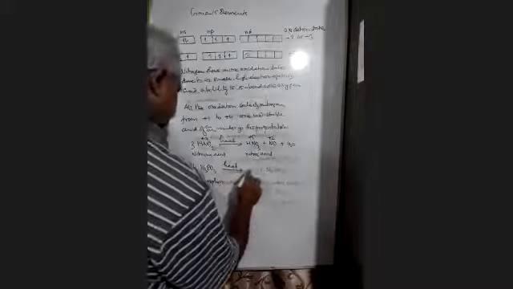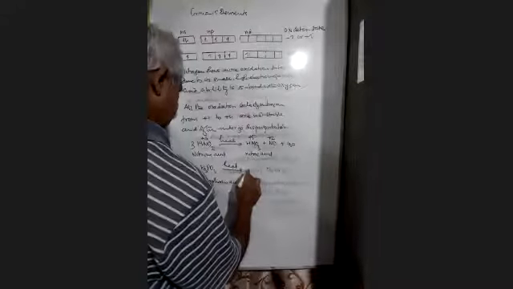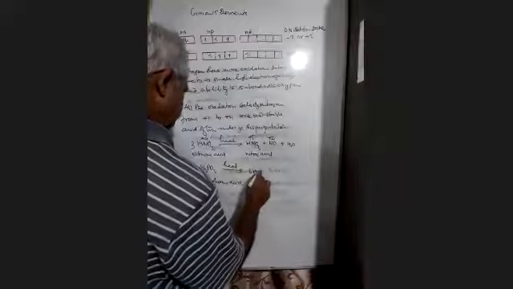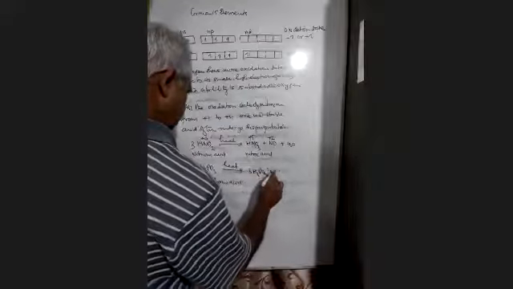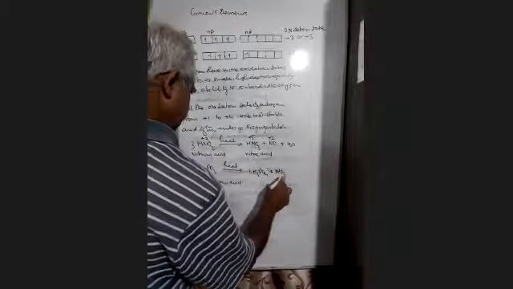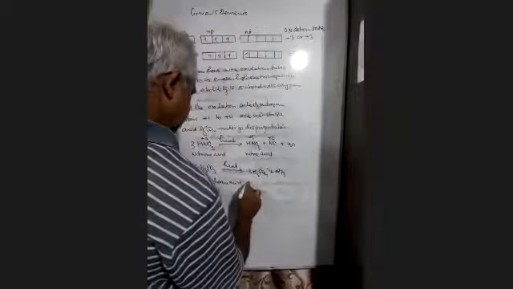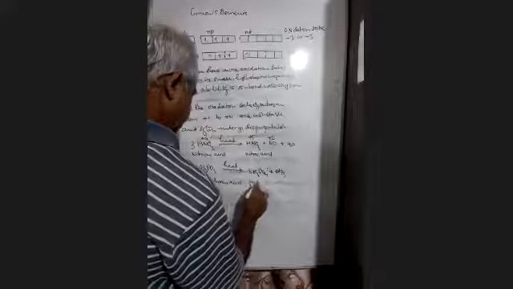So if you heat it, it undergoes disproportionation to give you 3H3PO4 plus PH3. This is called phosphoric acid.